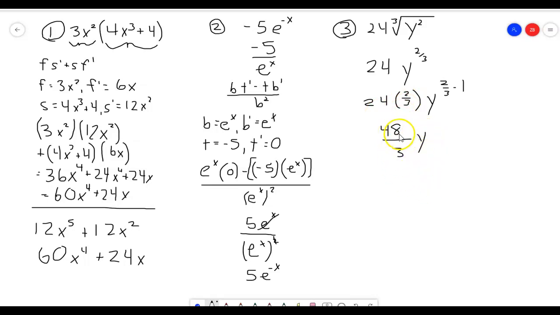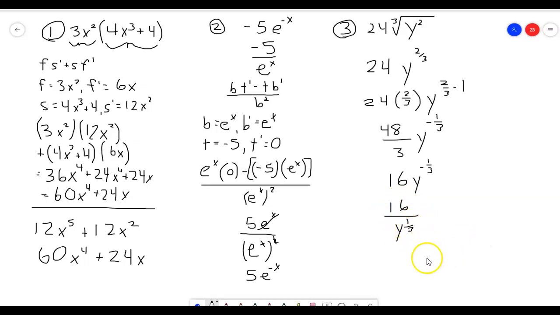I can leave it just like that. Oh, no, I can't, because 48 over 3 is 16. And 2/3 minus 1 is negative 1/3. So this is 16y to the negative 1/3, which is equal to 16 over y to the positive 1/3.